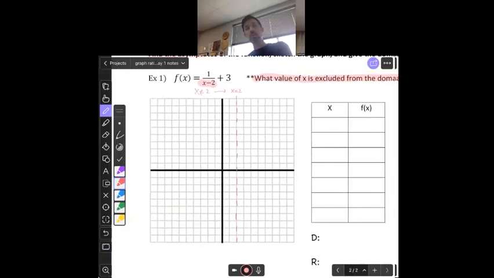We also need our horizontal asymptote, and we know it's supposed to be at 0, but we have that. So there's our right shift. Well, here's our up shift.